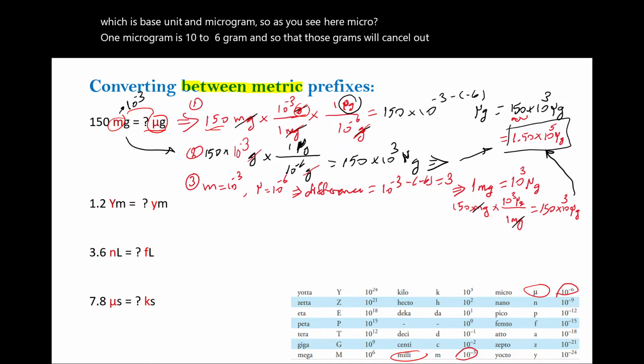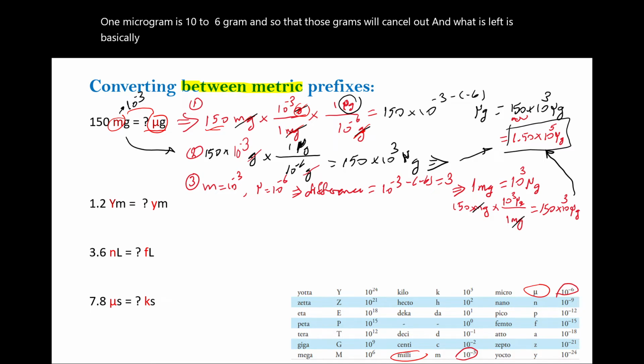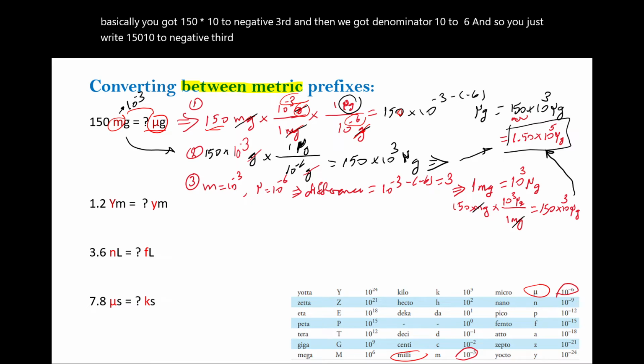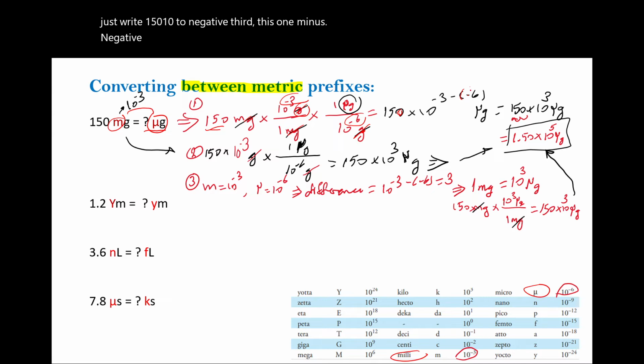What is left is 150 times 10 to negative third, over 10 to negative 6, so you subtract the exponents: negative 3 minus negative 6 is plus 3. So you get 150 times 10 to third microgram.